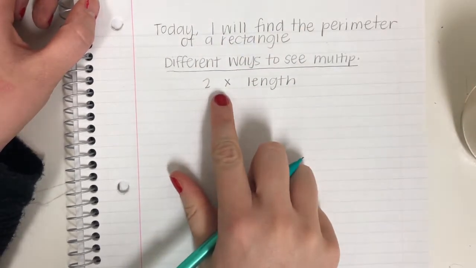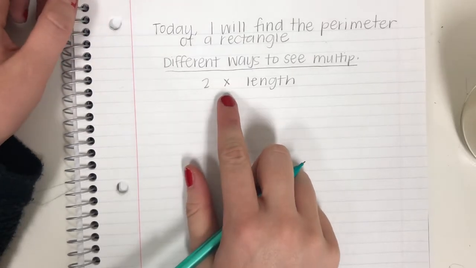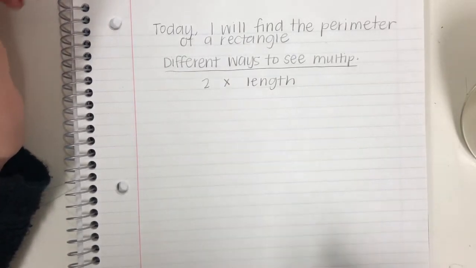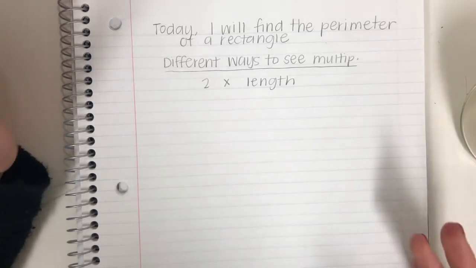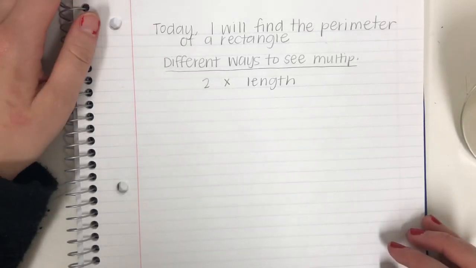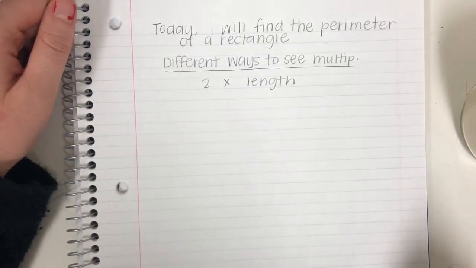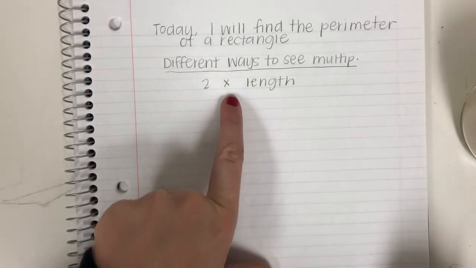We know that this x means multiplication. That's the one we're most used to seeing, but as we're expanding and going more into the algebra way of math, there's going to be other ways you're going to see multiplication. You do the same thing, but it's just nice to be familiar with the other ways that multiplication might be given to you. So this is the one we see all the time.